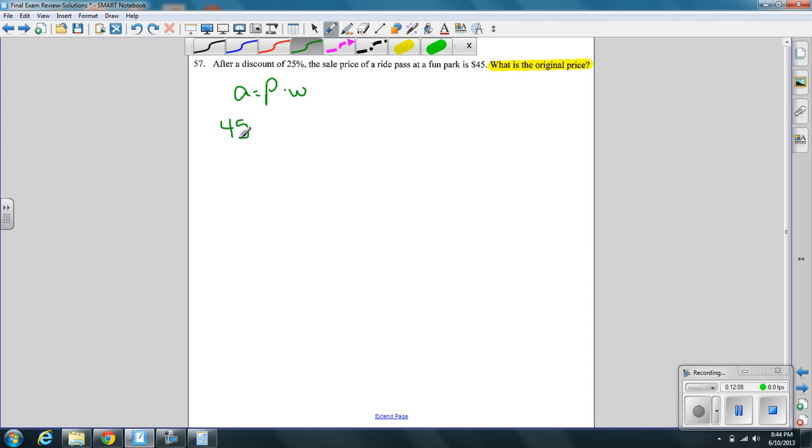You saved 25%. So if you saved 25%, what percent did you pay? Well, what's 100% minus your discount of 25? 75% or 0.75 times W. Now to solve, you divide both sides by 0.75 and you divide.